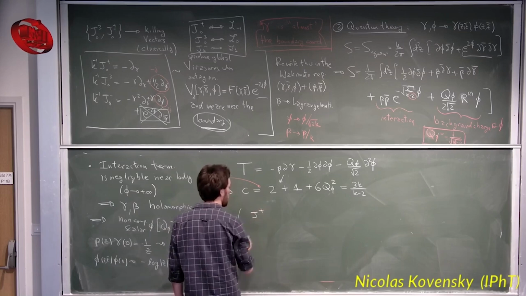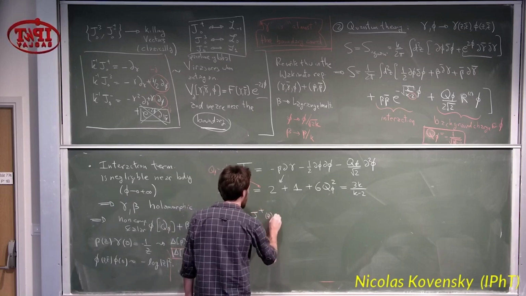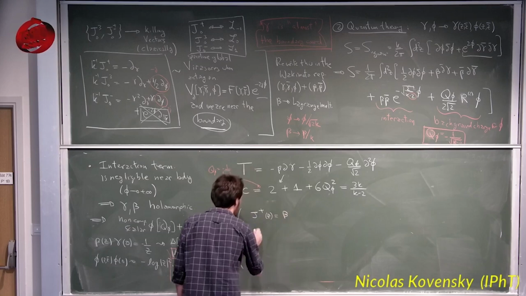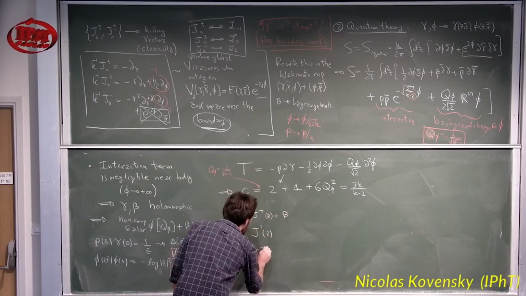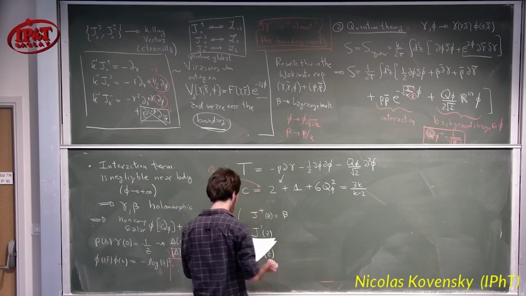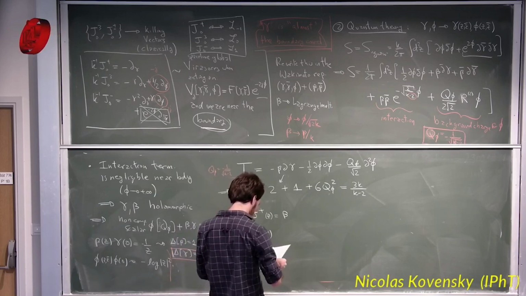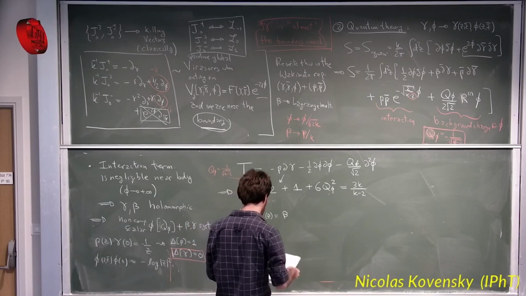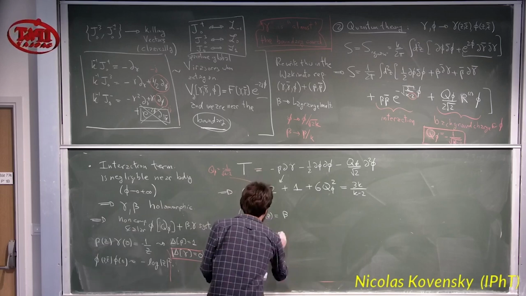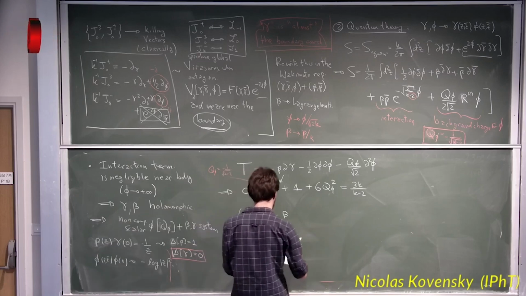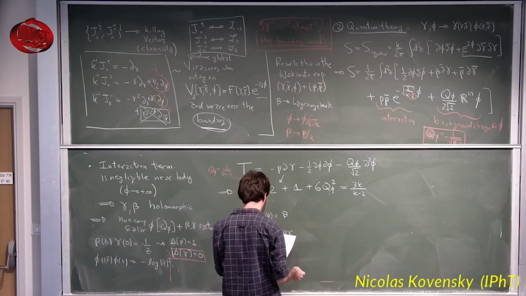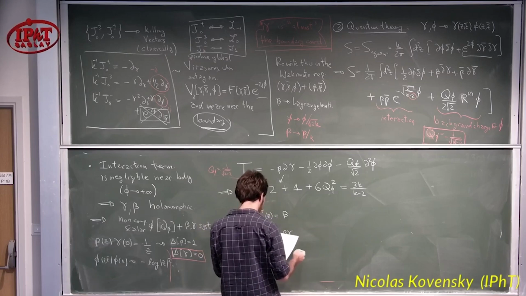In this context, the currents, which now are a function of z, are realized like this. I'm implying there's a normal order here that I'm not writing, and you get something like this.